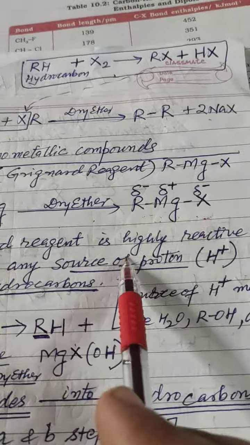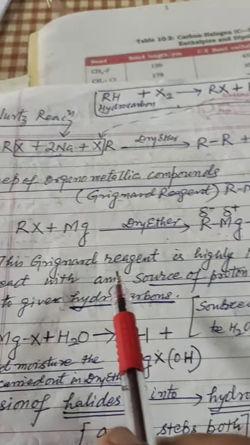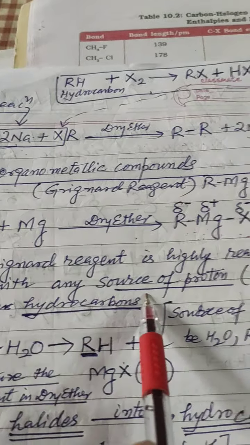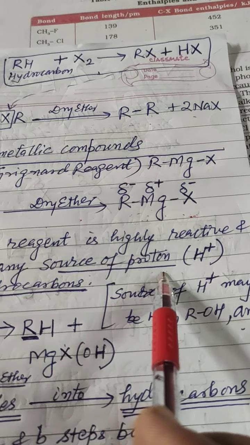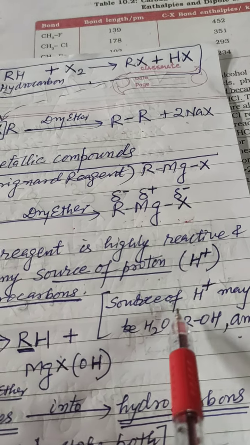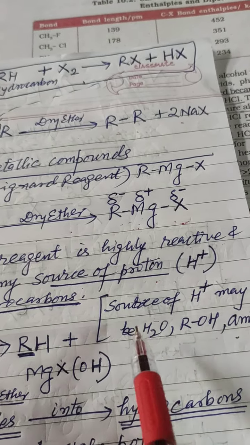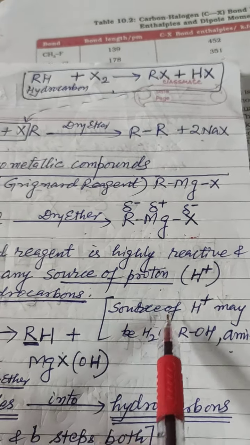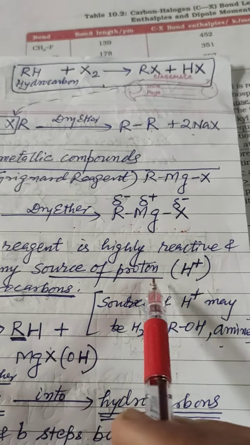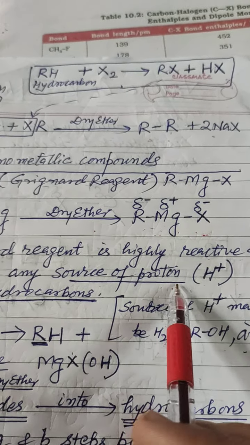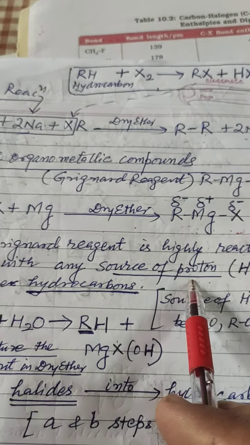This Grignard reagent is highly reactive and reacts with any source of proton. Source of proton, it may be water, it may be alcohol, it may be any amine. Any species which is providing H positive is known as source of proton.